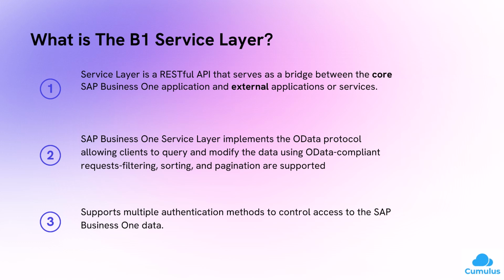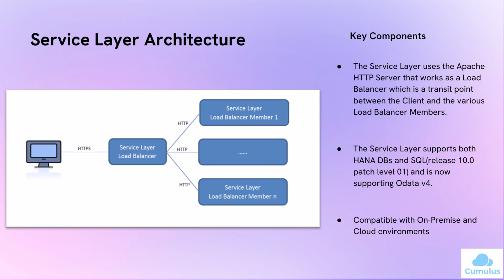It enables you to do filtering, sorting, pagination, and all sorts of other cool features that are supported by OData. And lastly, we have the ability to authenticate against the service layer in several ways that I'm also going to be showcasing to you while we are going through the specification in those videos.